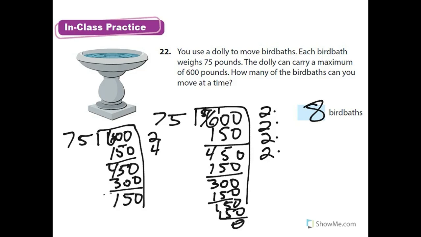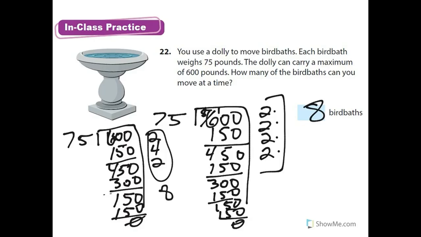So it can look different, but you're still going to get the same answer. Maybe different numbers, but the same answer, because 2 plus 4 is 6, 6 plus 2 is 8. You're still going to get 8. So these may look different when you do the partial quotients like this. You'll have different numbers over here, but the ending answer will still be the same.